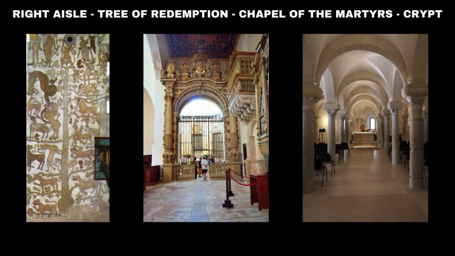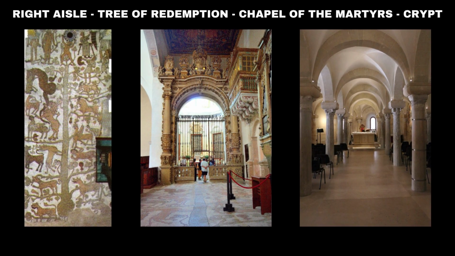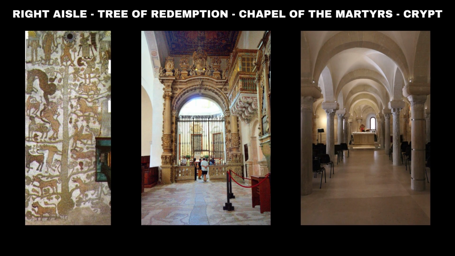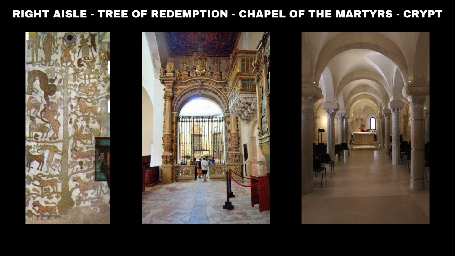Now we will head over to the right aisle, which houses the Tree of Redemption floor mosaic that is dominated by biblical and mythological giants. Also on the right aisle is the Chapel of the Martyrs and the crypt.